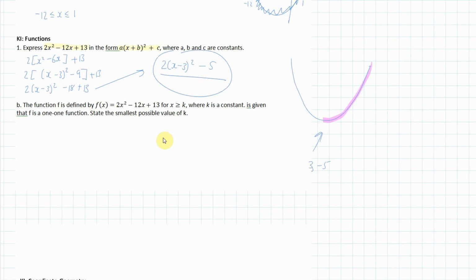We can't go any lower than that. So x is greater than or equal to k, and k can't go any lower than that if you want it to be one-to-one, because as soon as you go past the minimum point, you're going to get a many-to-one, like this point and this point are, say, equal. So what I would say then is k is equal to 3 at the minimum point. Now, well, that was rather easy, wasn't it?